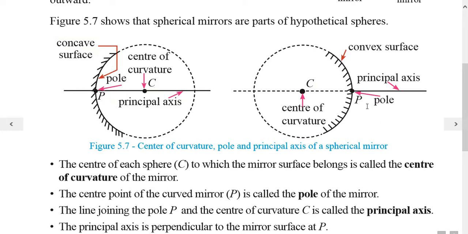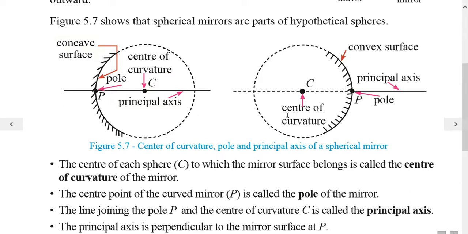Then the line joining C and P is the principal axis of this convex mirror. Always this principal axis is perpendicular to the mirror surface, especially at P. In the convex mirror also, the principal axis is always perpendicular to the mirror surface at P.